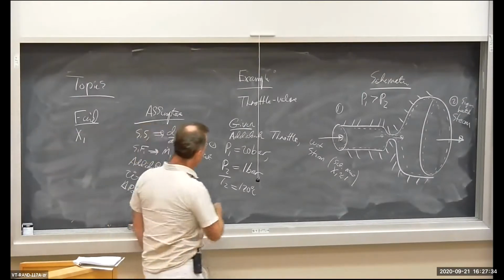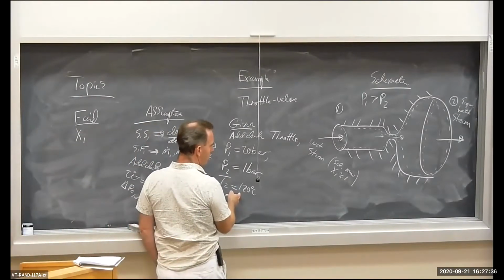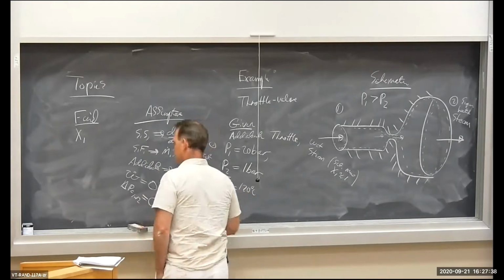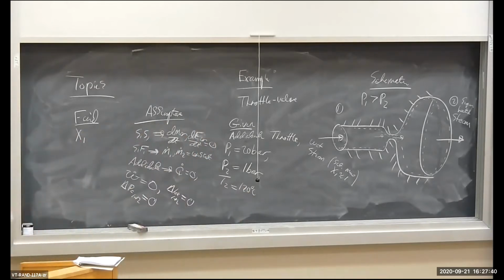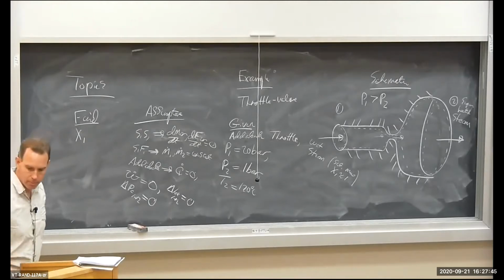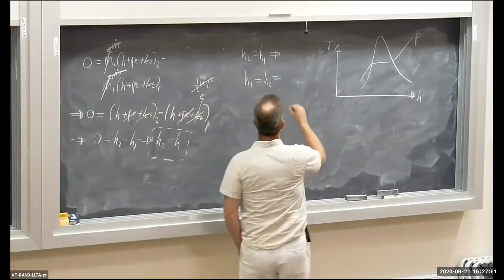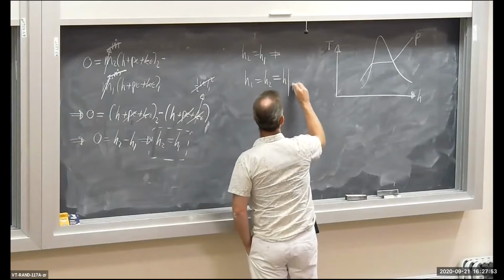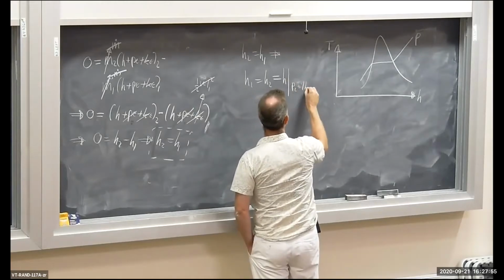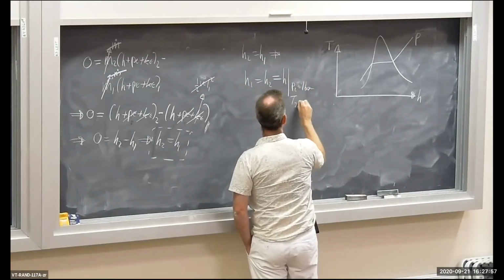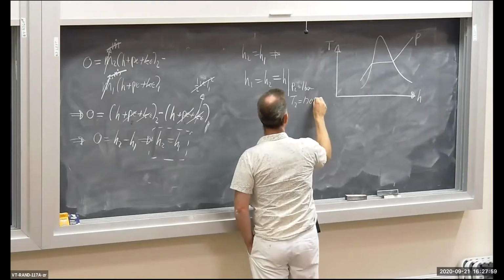I know the outlet is at 1 bar and 120 degrees C. It's going to end up being a superheated vapor. So H2 is H evaluated at P2 is 1 bar, and T2 is 120 degrees C.